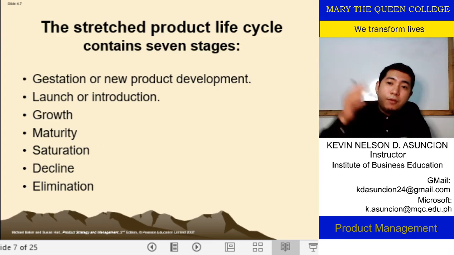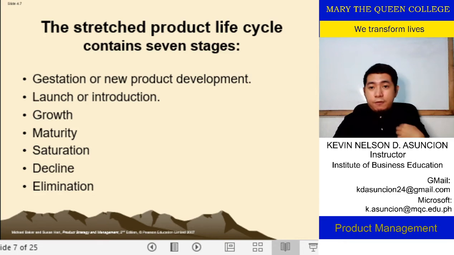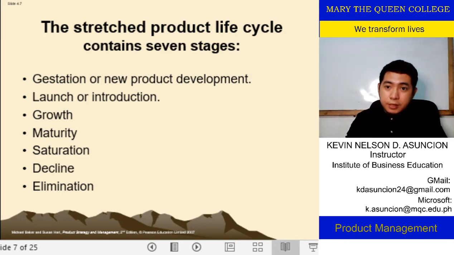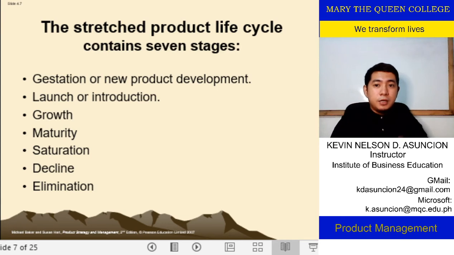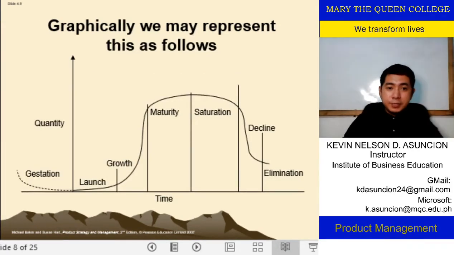Then when you launch that, there's the growth, maturity, and then saturation, and then decline. And unfortunately, there are products, and even in our biological life cycle, that you're eliminated, or you get to expire. Anyway, so graphically, this represents as follows.